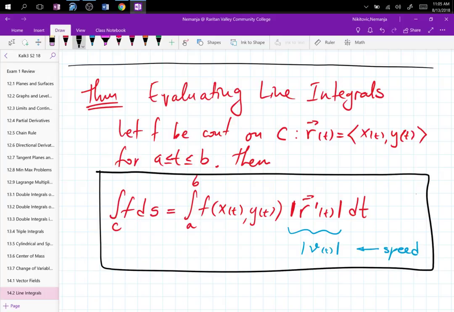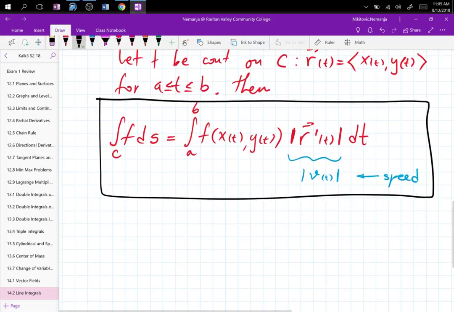So to evaluate a line integral, first order of business is to parametrize curve C and then express your function f in terms of those parametric equations, and then go and deal with everything else. So that would be the procedure. Maybe I can write the procedure here.